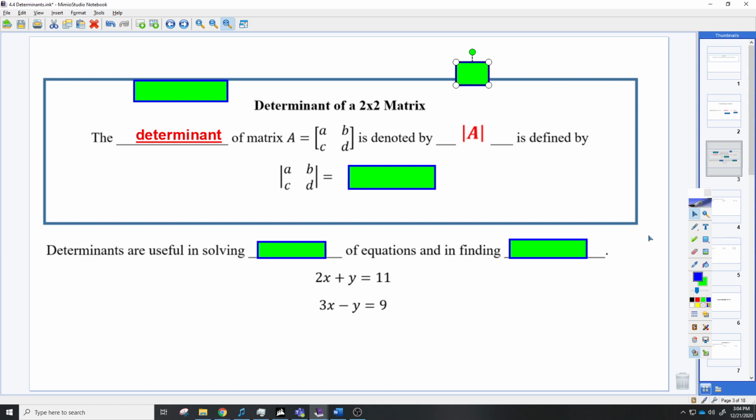And what you do is you take A times D. So we take these two numbers and we multiply them together. And then we subtract from that whatever we have left, that would be C and B. So we take A times D and we subtract C times B. That will give you a number, and that also gives you the determinant.